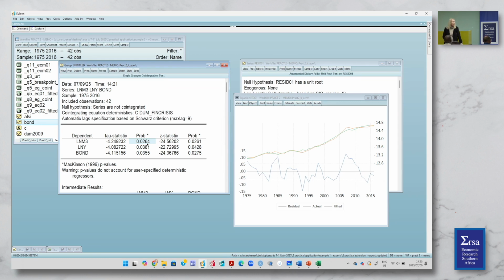Yes, so you try and tell the story as best as possible, finding co-integration. And in this case, it looks like we're really missing a variable.